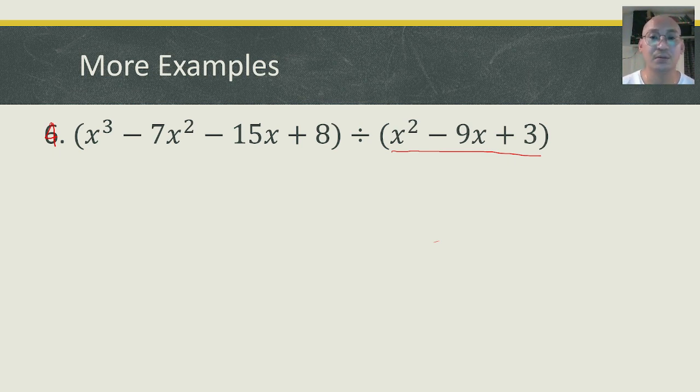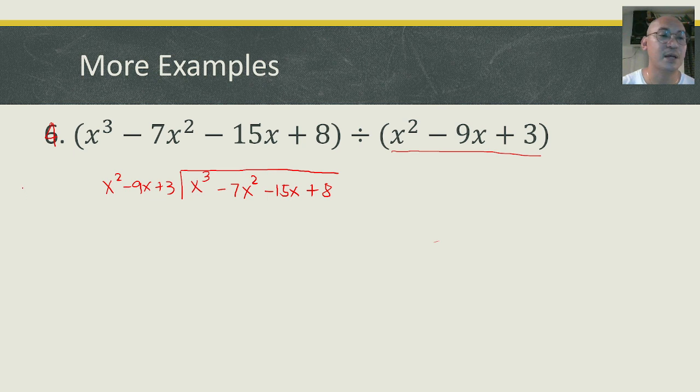Just follow the process that we are doing in the long division method. So let's write the dividend. X cubed minus 7x squared minus 15x plus 8 divided by x squared minus 9x plus 3. We do not have a missing term, so that's why we will not add a 0 term.